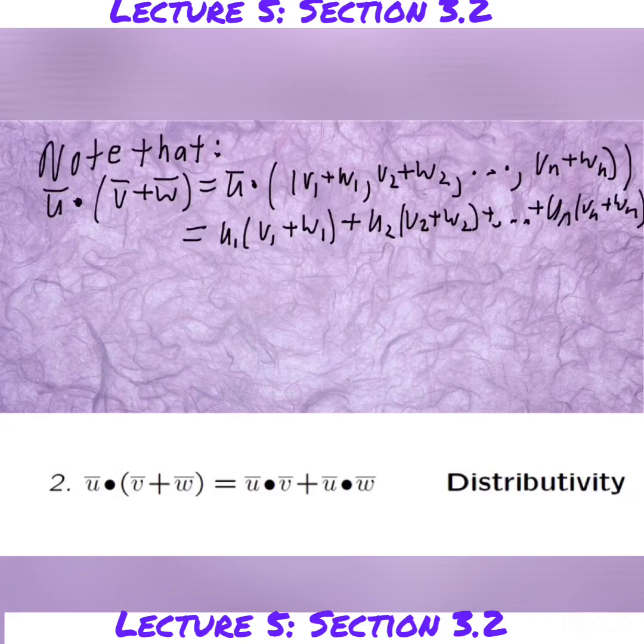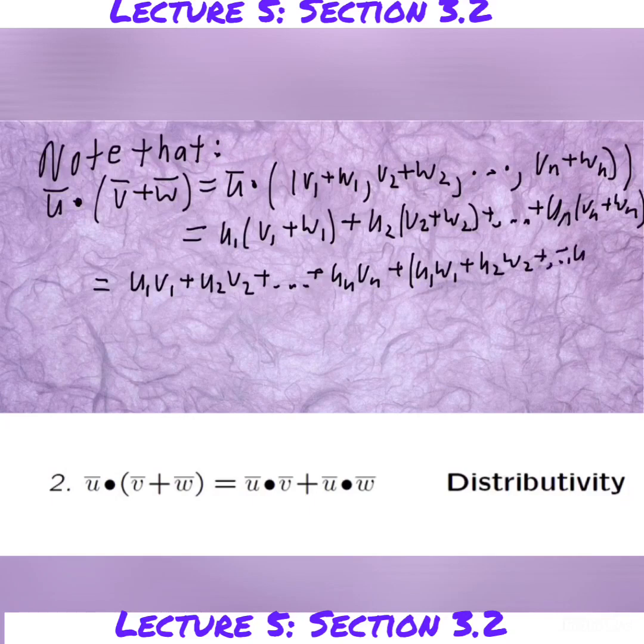Okay, so multiplying that out, you get u1 v1 plus u2 v2 plus up to un vn, and then the other one that you have is u1 w1 plus u2 w2 plus up to un wn.